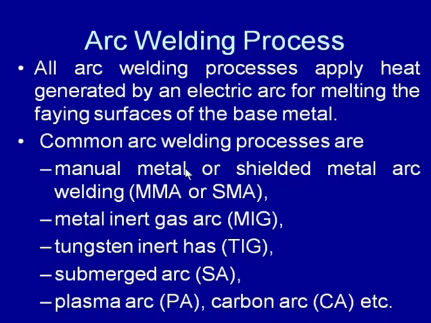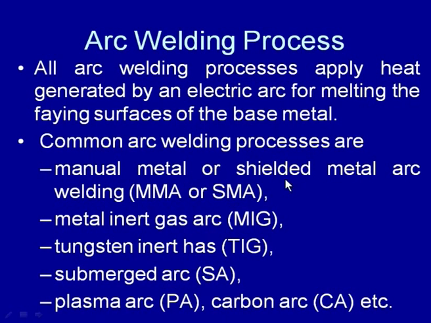All arc welding processes apply the heat generated by an electric arc for the melting of the faying surfaces of the base material. Depending upon the way by which the arc is generated, whether it is established between a consumable or non consumable electrode and the base material, and how the arc is shielded to protect the weld pool from atmospheric contamination, a variety of arc welding processes have developed.